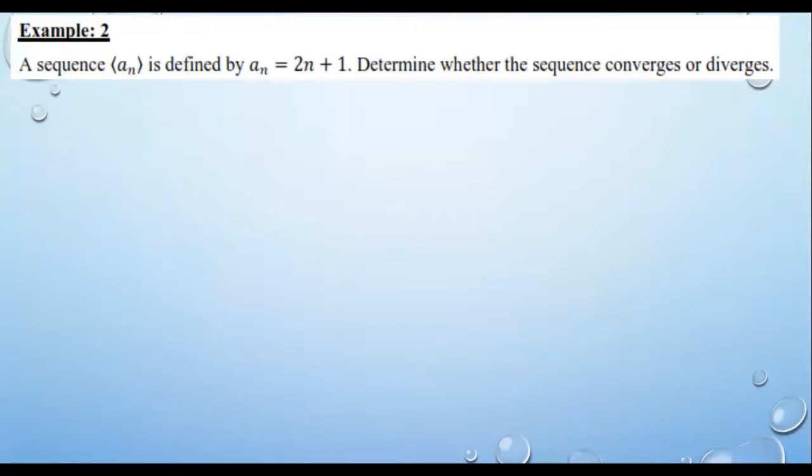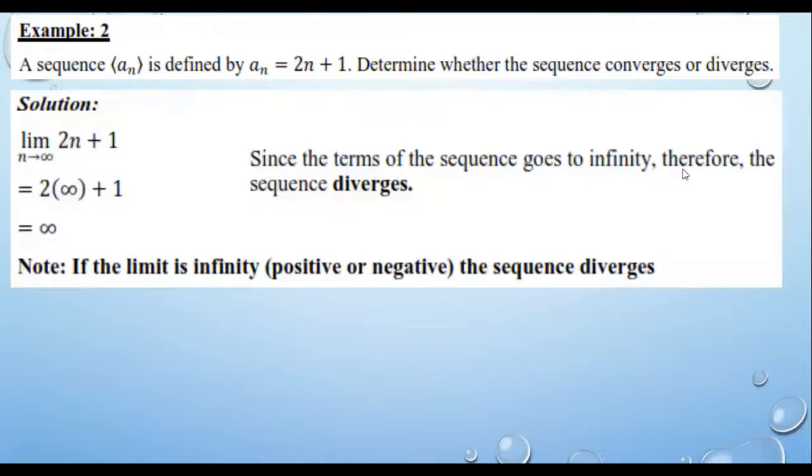Now, for the second one, another sequence is given, a_n is equal to 2n plus 1, and determine whether the sequence converges or diverges. Now, the limit as n approaches infinity of 2n plus 1. Instead of n, you put infinity, and infinity plus 1 will be infinity. So you will get an answer which is infinity.